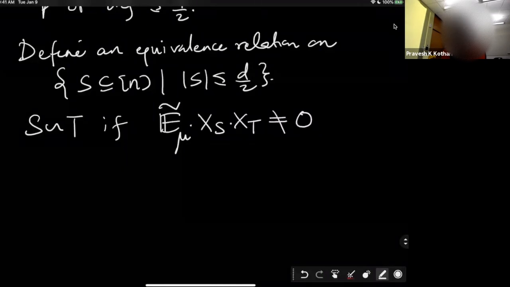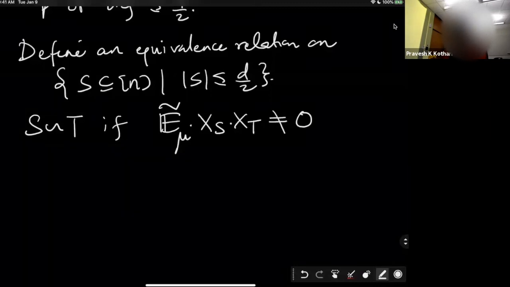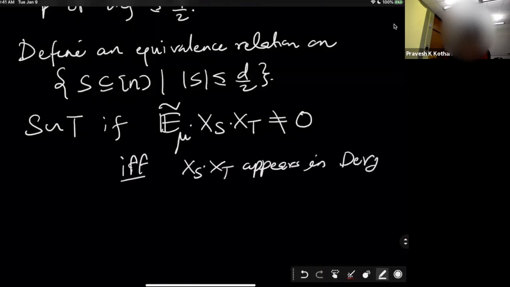And remember, the way we constructed this, the only way the pseudo expectation of XS XT is non-zero is when XS times XT was derived in the set of derivations. So this is if and only if XS XT appears, right, like that. That's because that's how we constructed the pseudo distribution. So that's what must happen.